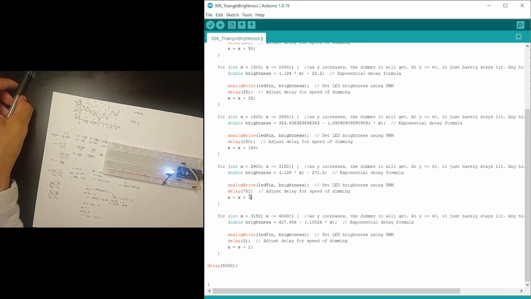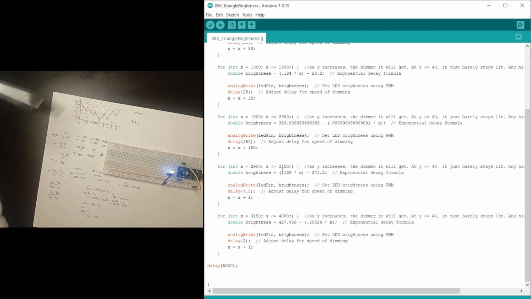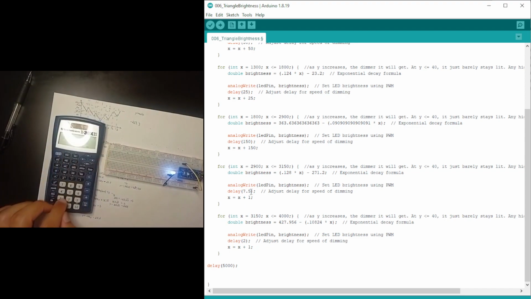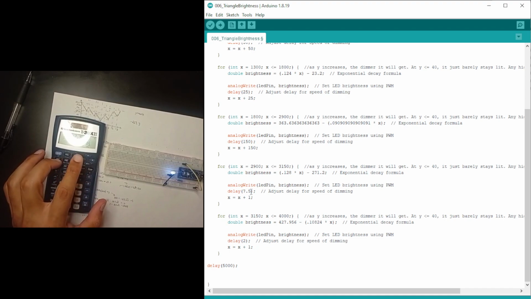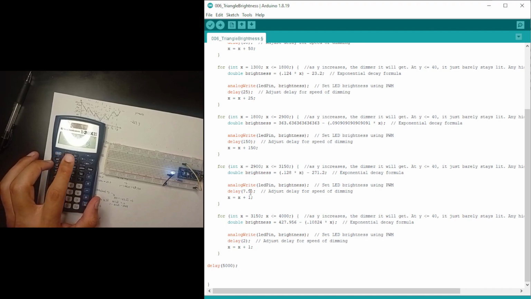Okay, so 7.5 is that. If this is 250 delays, 250 delays times 7.5 milliseconds, so 1.875.